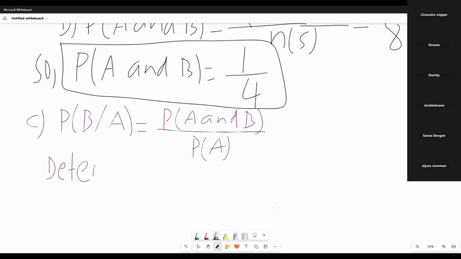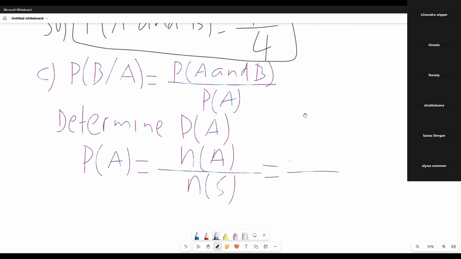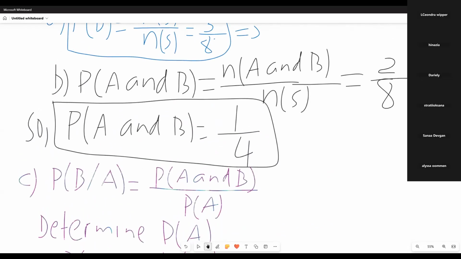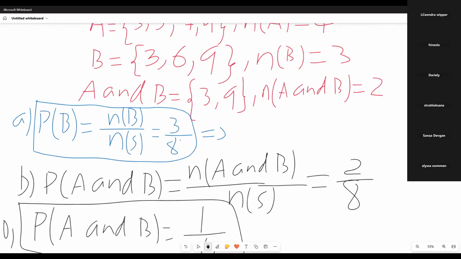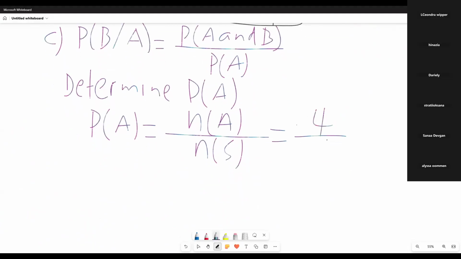Determine P of A. P of A would be n of A over n of S. n of A was 4, right? Yeah, 4. That's 4 over 8.